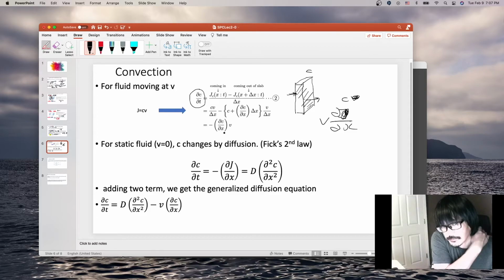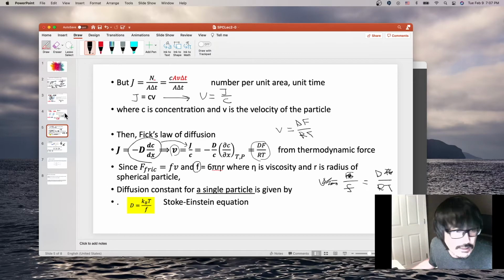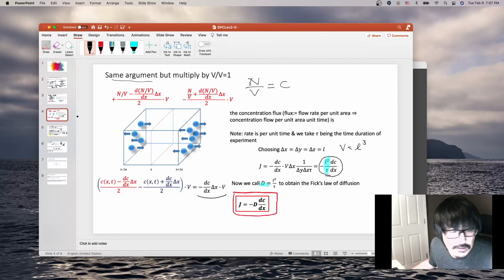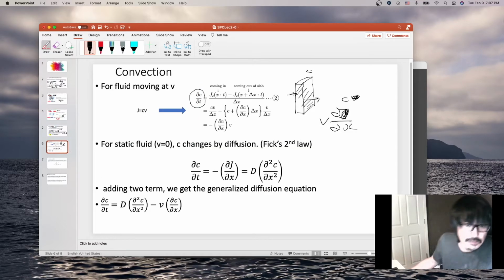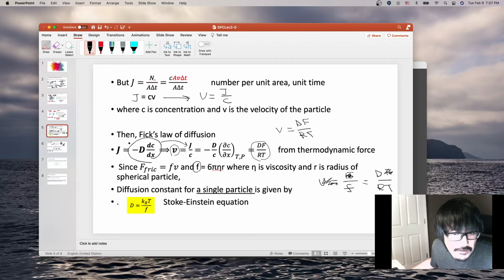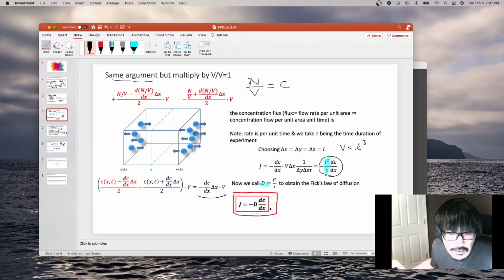And for the static fluid, the fluid not moving, we actually had Fick's law, right? I didn't do that. Okay. For Fick's law, this could diffuse out in that way or this way, right? So instead of having this J right here, we're going to plug in the J coming from that guy right here. So we're going to substitute the J with this formula.